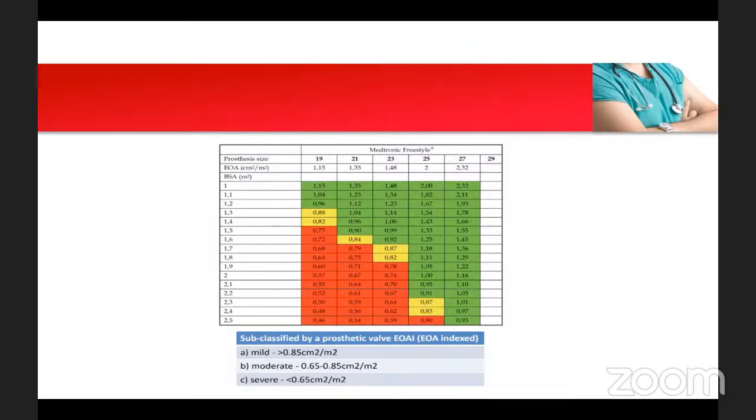Here we can see on the left side the patient body surface area, and on the right side of the table the size of the prosthesis, and we are always aiming for the green side of the table to avoid patient prosthesis mismatch.